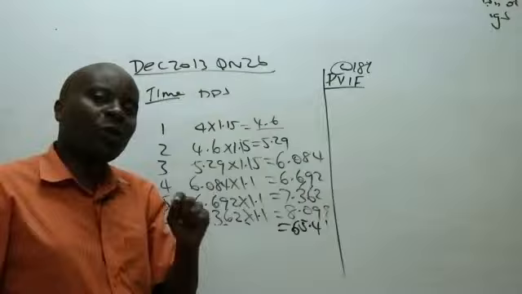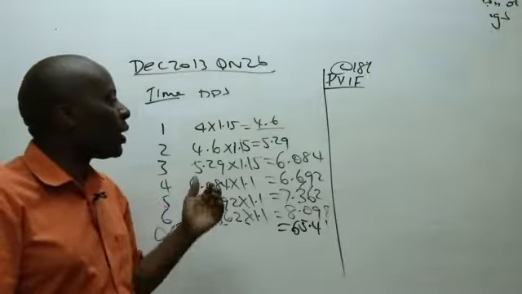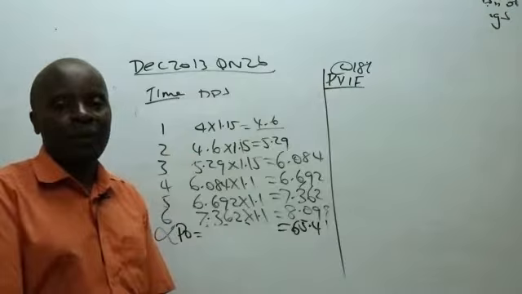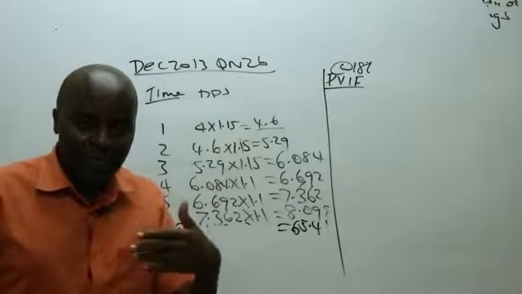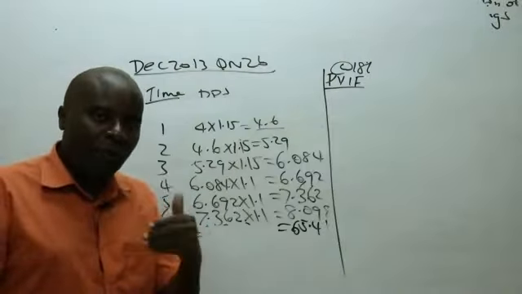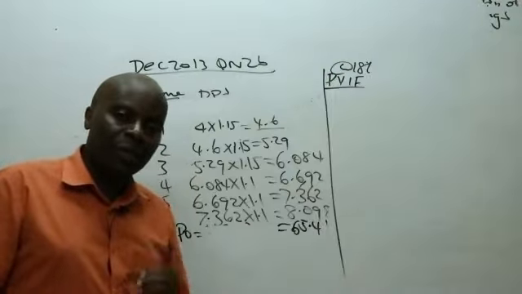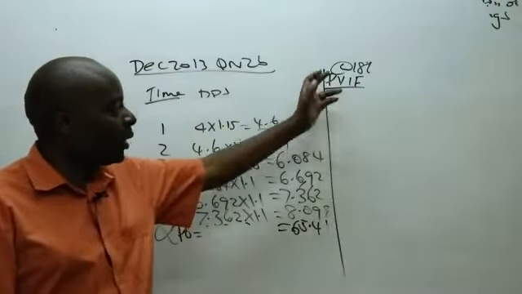There are those tables that your examiners will always give you. Please read for us the PV, the present value interest factor. See whether 18% is there. Don't work with the annuity table. There are normally two tables. There is one which is written expressly annuity. Go for the one on top, the one for irregular amounts.